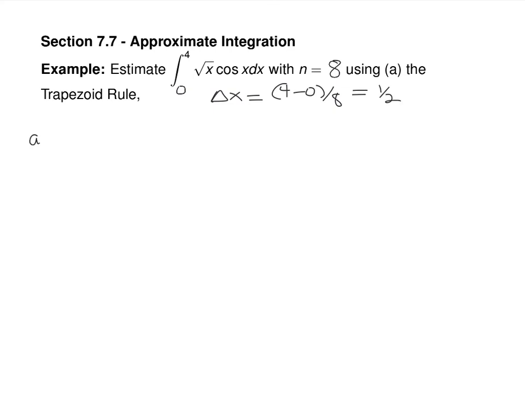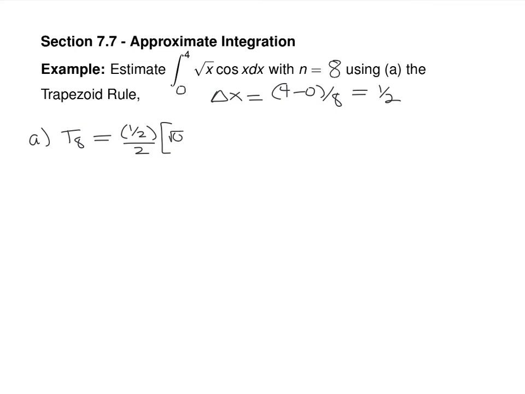So for the trapezoid rule, T8, we'll have 1/2 over 2, and then you have 1 of the first and the last, and then 2 of all the middles.